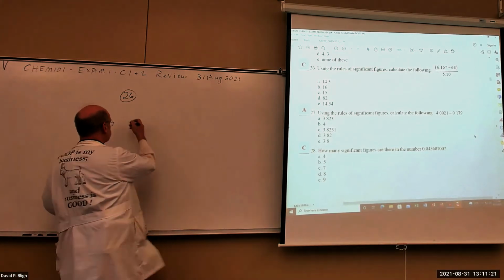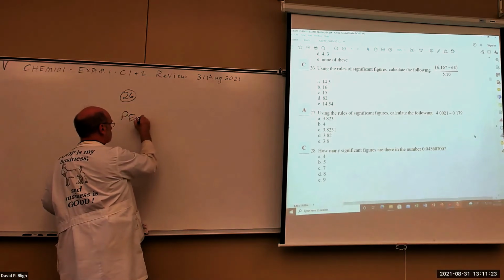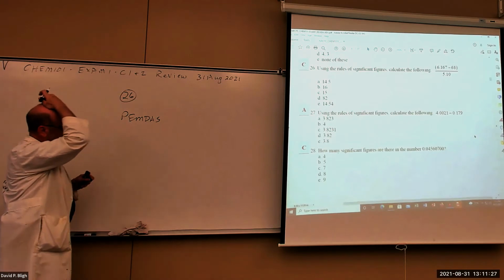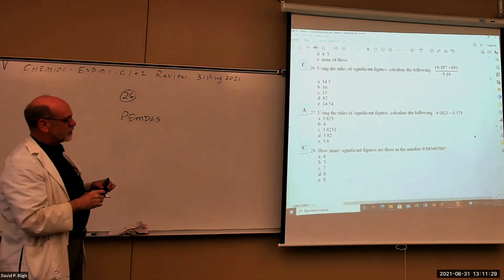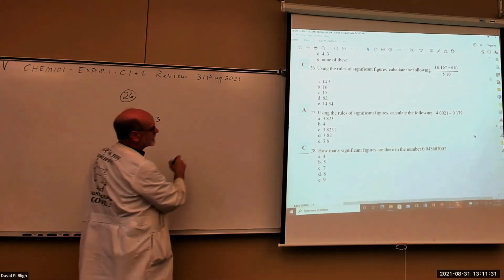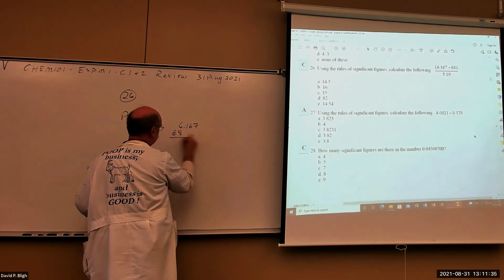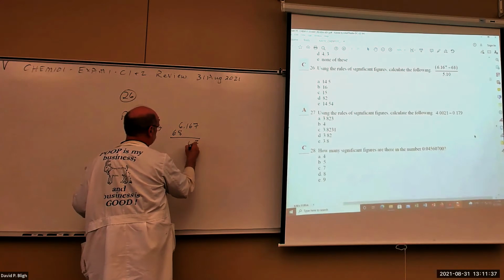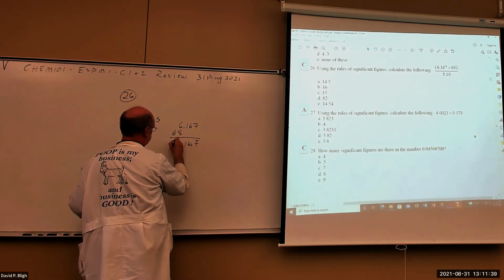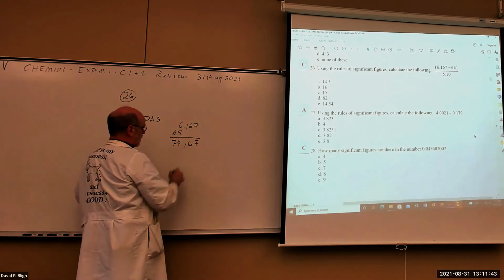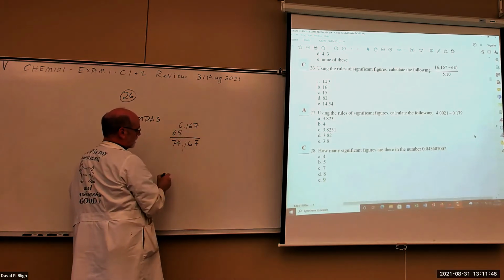So if you follow the rules, always do parentheses first. So we would add 6.167 and 68.